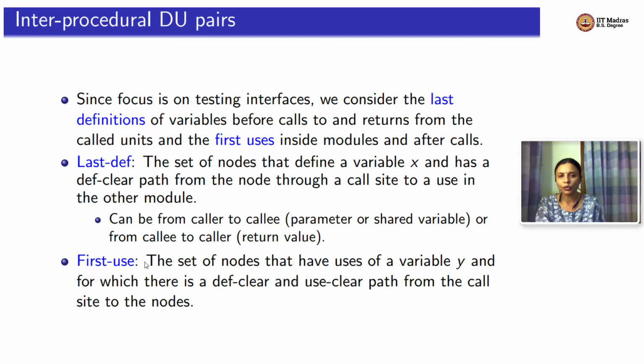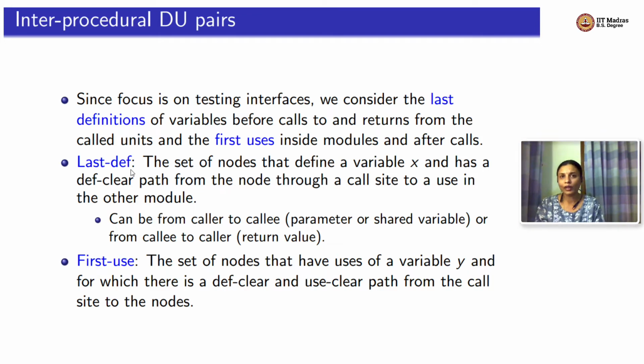So the first use is a set of nodes that have uses of a variable y for which there is a def-clear and use-clear path across the call site to the other side. So amongst all the definitions of the parameters that are passed, the last definition is the one just before the call site. There are no further definitions.